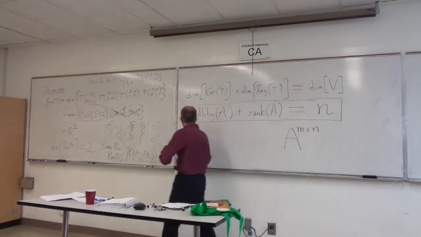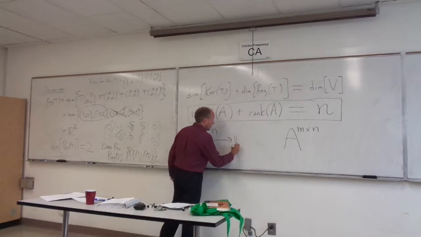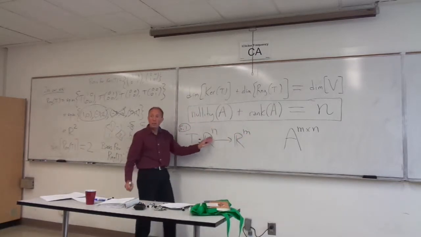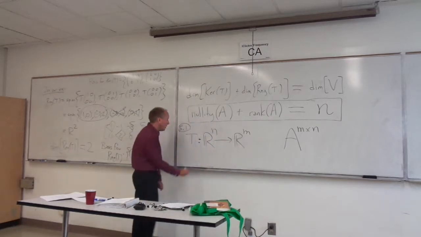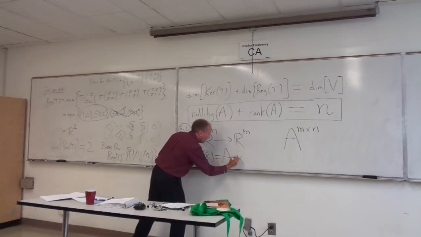But then it turns out, you guys remember, so if I have a transformation, this is something from section 5.1, if I have a transformation from Rn to Rm, then that transformation, if you remember, it always has this type of a structure.